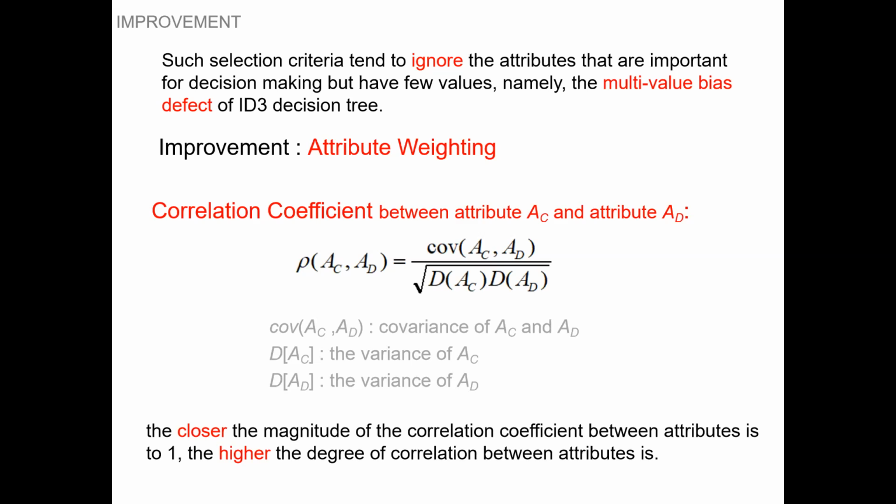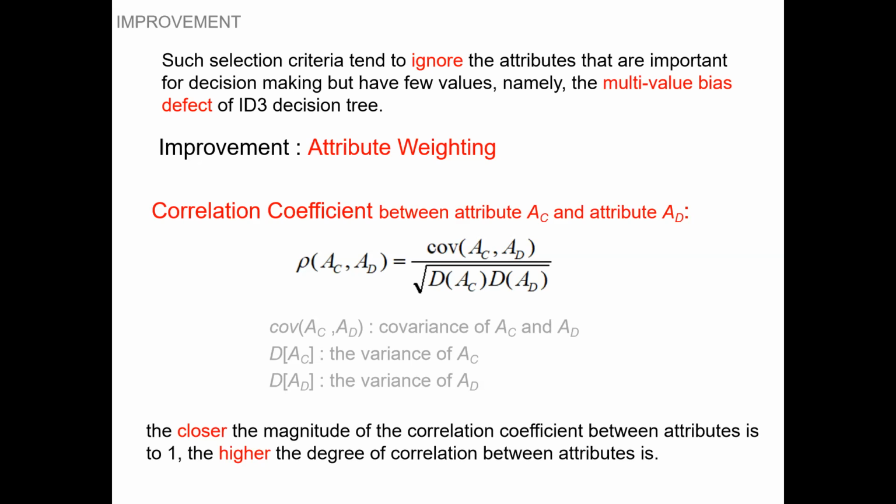From the above calculation process, it is easy to see that such selection criteria tend to ignore the attributes that are important for decision-making but have few values, namely the multi-value bias defect of ID3 algorithm. Aiming at this shortcoming, we proposed an improved ID3 algorithm based on attribute weighting.